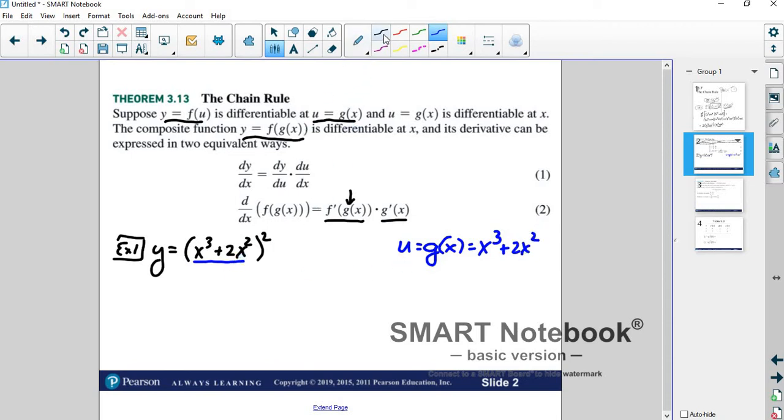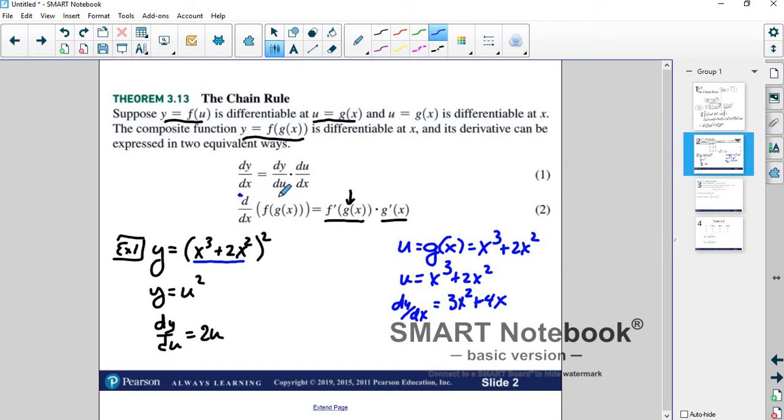And so another way to think of this then is that y is equal to u squared, and then over here, u is equal to x cubed plus 2x squared. So when you differentiate, you take dy du. What's the derivative of u squared? It's just 2u to the first. And then what's the derivative of u with respect to x? It's 3x squared plus 4x.